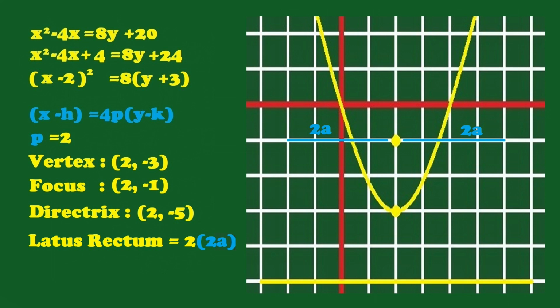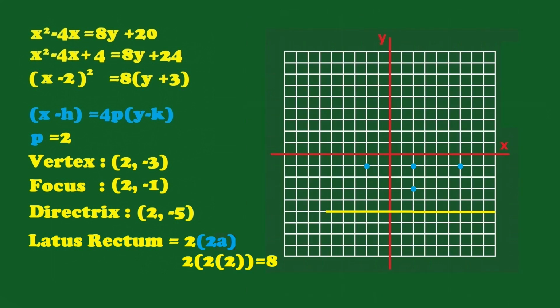So the length of the latus rectum, from side to side, is 2 times 2 times a. Now that we have the coordinates of the latus rectum, we can recreate the parabola passing through the vertex and through its latus rectum endpoints. This is how the parabola looks after counting the latus rectum units.